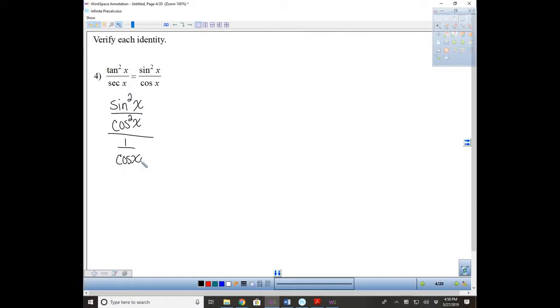So now I have 2 fractions, one over another, so I'm going to keep the top and multiply by the reciprocal of the bottom. So I have a cosine here and 1 here, so that leaves me with sine squared x over cosine x.